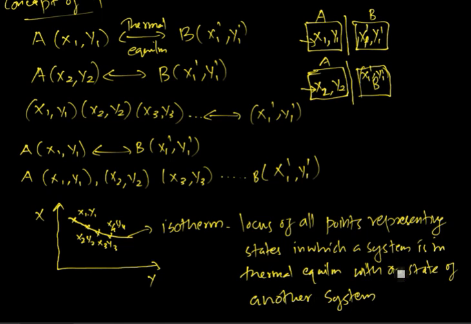If the experiments are repeated with different starting conditions, another set of states of the system A lying on another curve may be found.